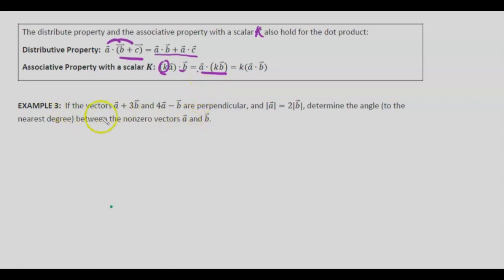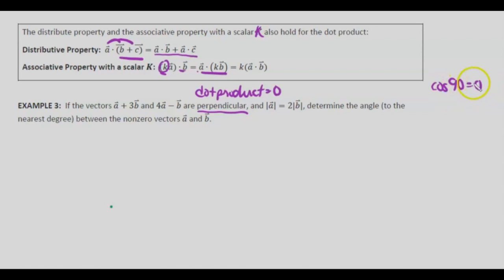Okay, so the vectors A plus 3B and 4A minus B are perpendicular. What does perpendicular mean? I'm thinking dot product equals 0, because cos 90 equals 0, and we're going to come back to this.